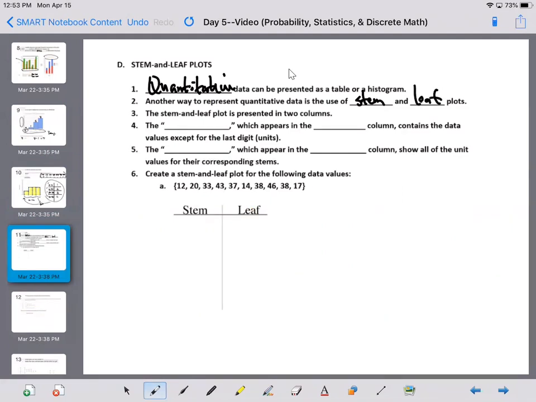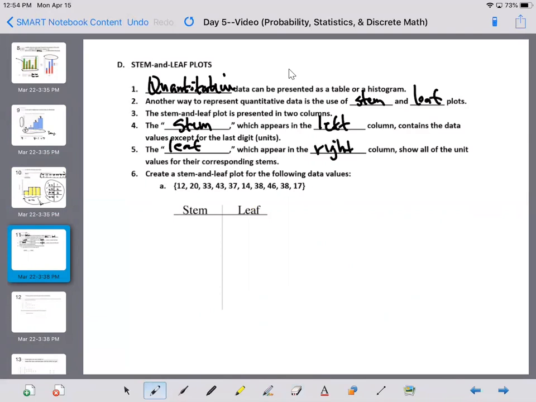The stem, which you'll see is going to appear on the left, this is one way to do this, contains the values except for the last digit. That's if you are working with two place values, if you're dealing with ones and tens. The leaf will appear in the right column.